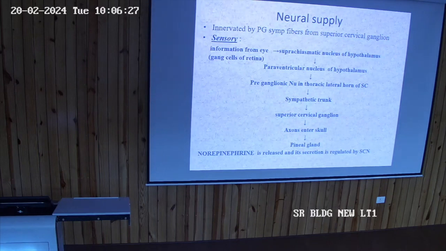This gland is mainly affected by the sympathetic nervous system. What part of the nervous system is affecting this gland? The sympathetic nervous system. The chemical released from the sympathetic nervous system is norepinephrine.